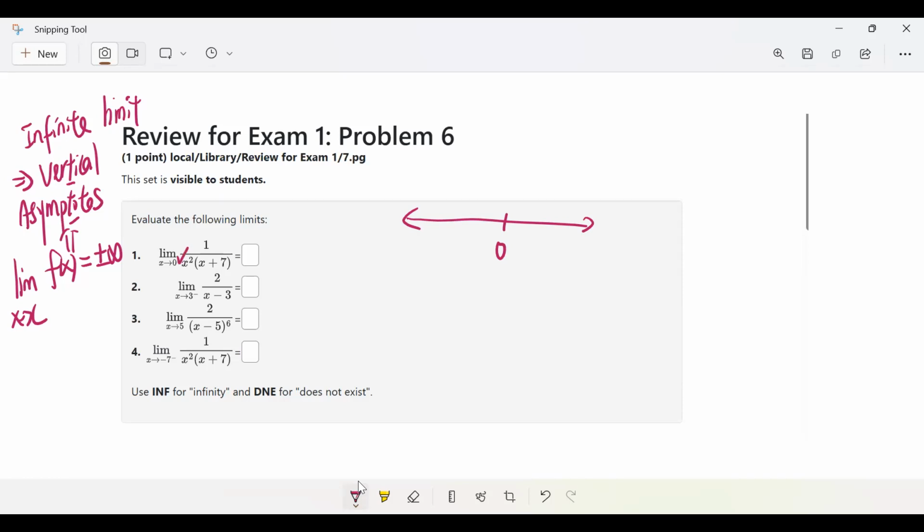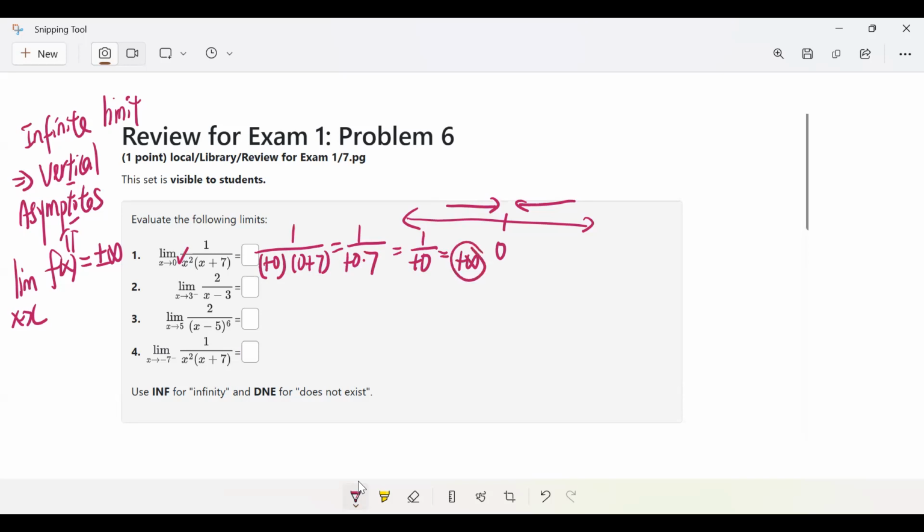So from the left or from the right-hand side, after the square it becomes positive. On the bottom we plug in 0, and 0 plus 7 is 7. It's 1 over positive 0 times 7. 1 over positive 0. Any number over positive 0 is positive infinity.